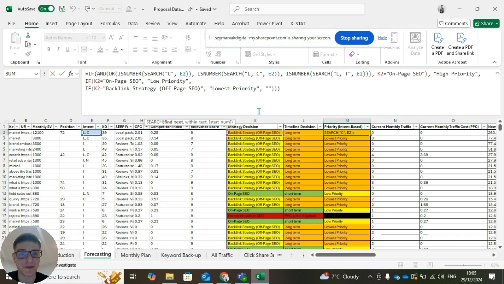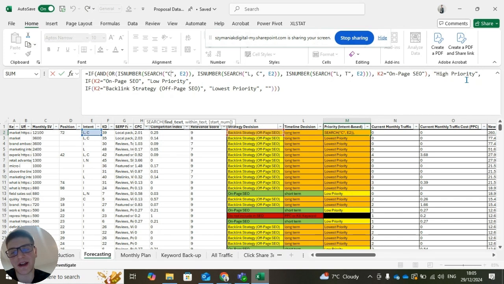I'm also saying that, for example, the data point, commercial, we're basically saying that and it's within the bracket on-page SEO, then it should be high priority.